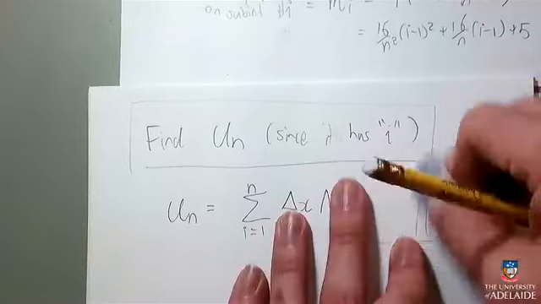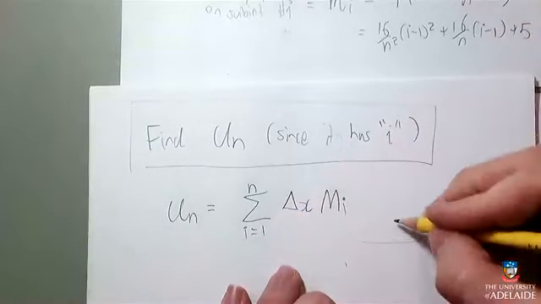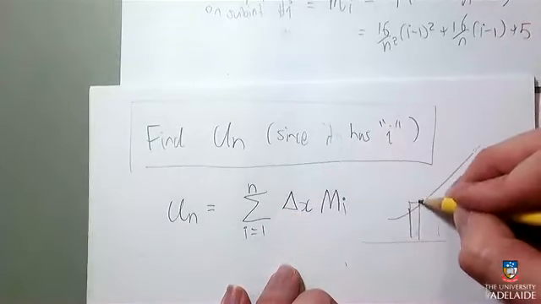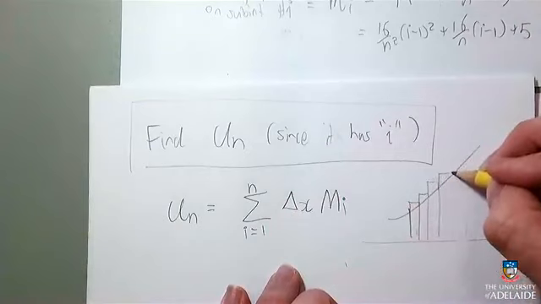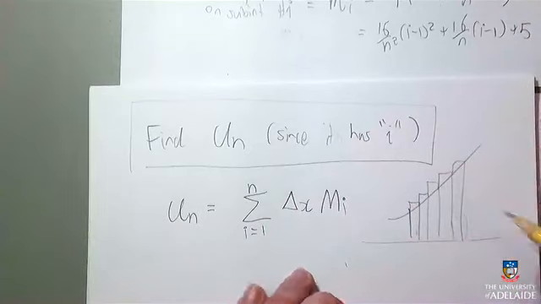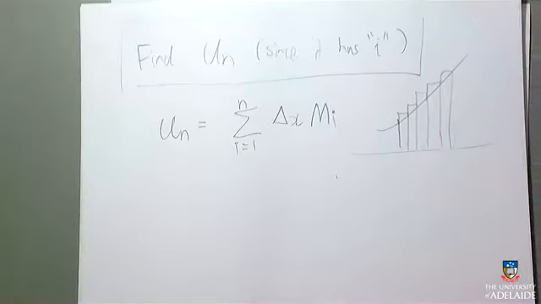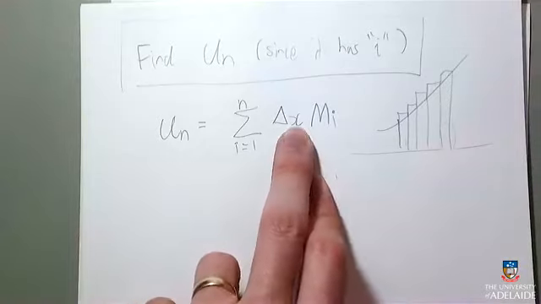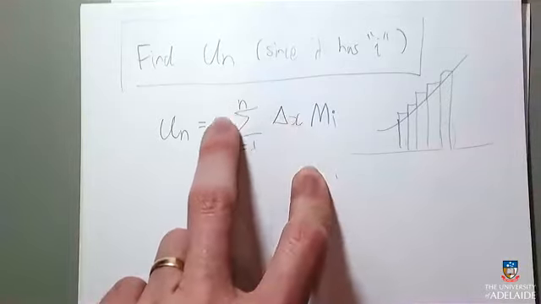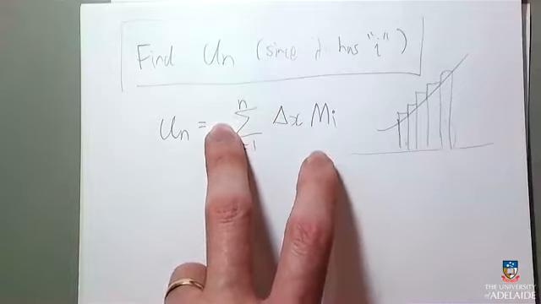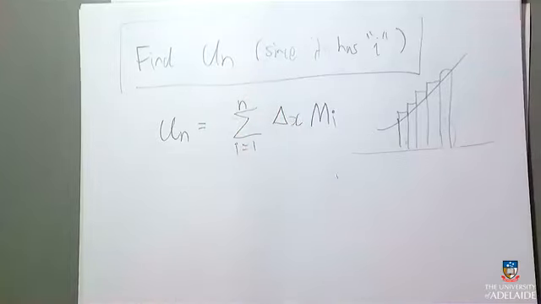In our case it's like this, right? You don't have to draw the picture, but delta x wide, capital Mi high. And we're just going to sub in what we get from that. So just note this delta x doesn't change when i changes, so I can bring it out the front of the sum, because it doesn't involve an i.